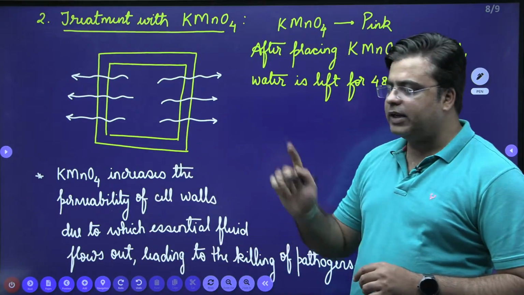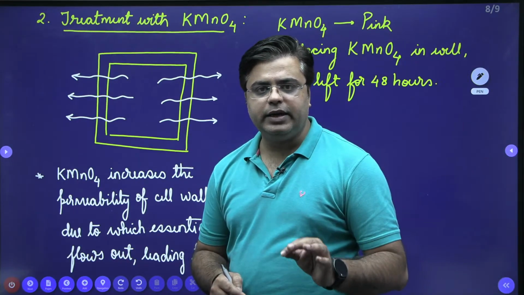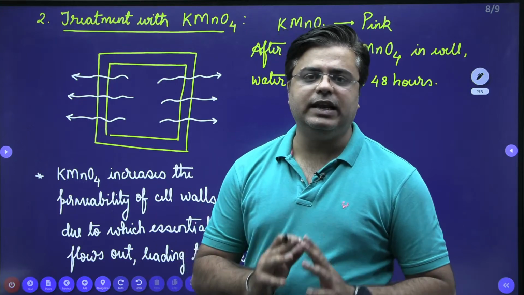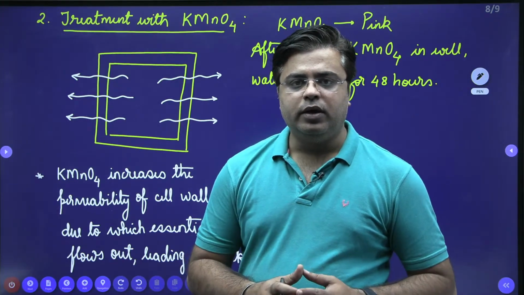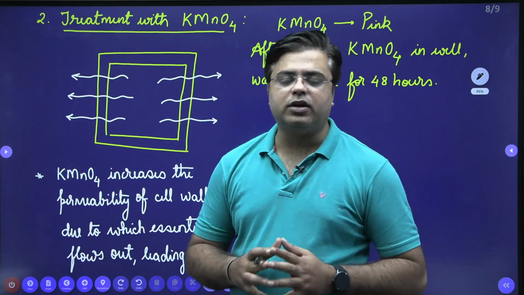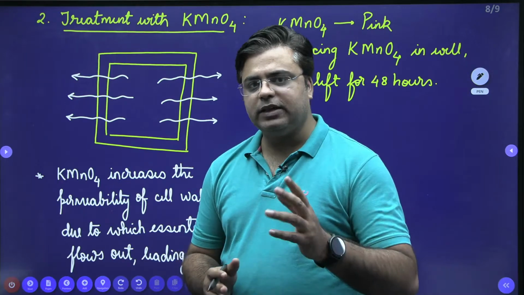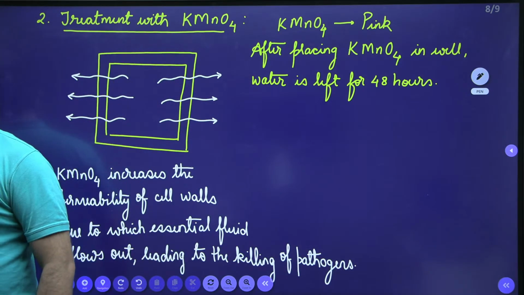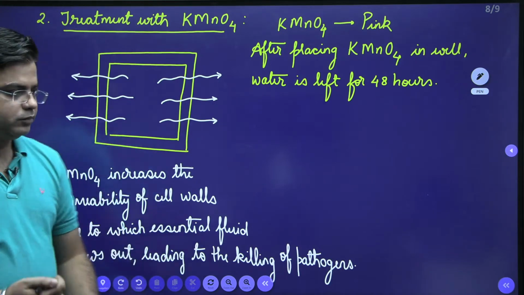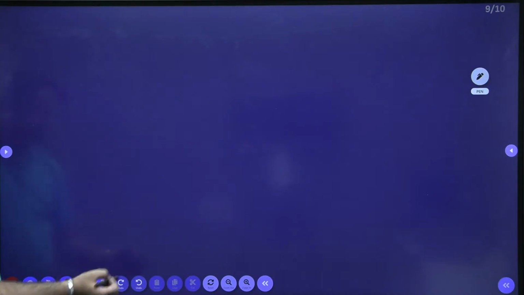So these two minor methods of treatment are used to treat water at a small scale, okay? They are not used to treat community water. Now, in order to treat community water, the method that we use is chlorination. So please give the next heading: major method of disinfection, which is treatment with chlorine.